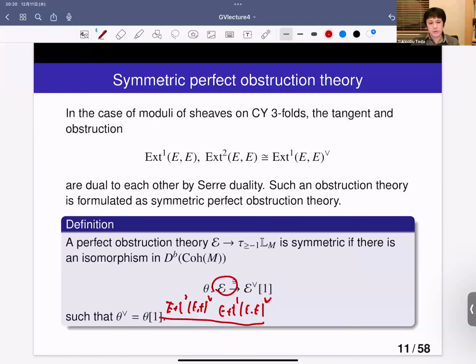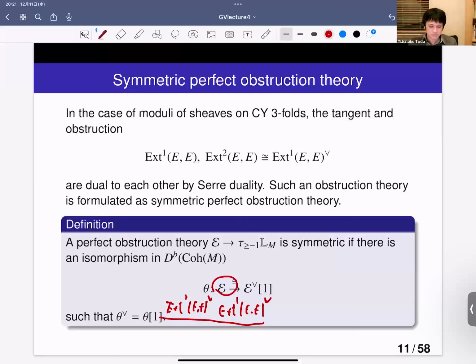So these are dual to each other, up to some shift, because of Serre duality. This is also explained in terms of derived algebraic geometry. There is the so-called minus one shifted symplectic structure, which is a pairing on the tangent complex shifted by one. So this is also somehow a shadow of the minus one shifted symplectic structure.